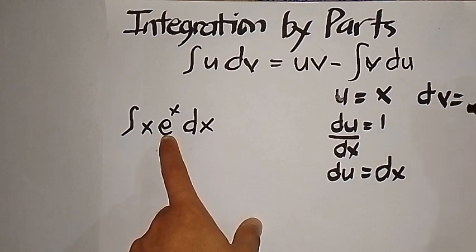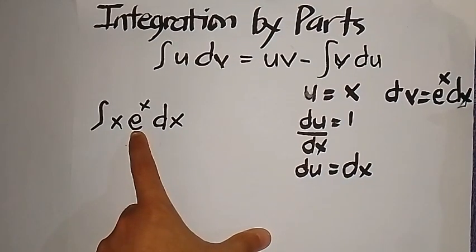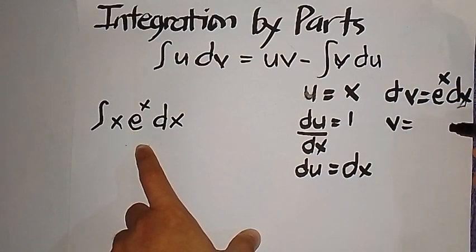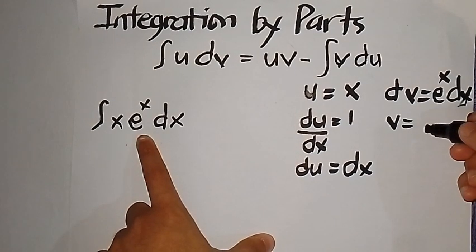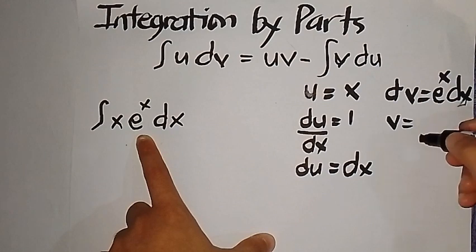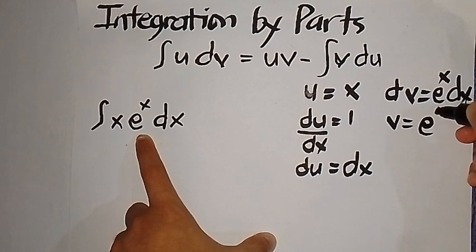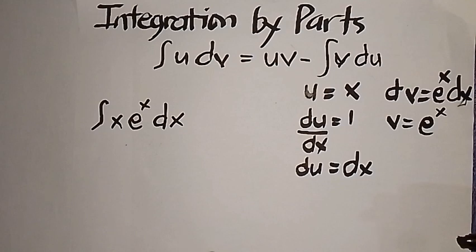So dv is simply equal to e raised to x dx. Since we already have dv, the last part for labeling is v, which is simply equal to e raised to x.